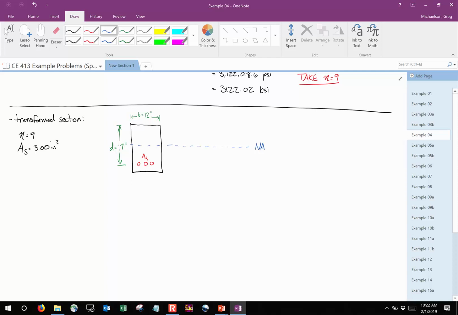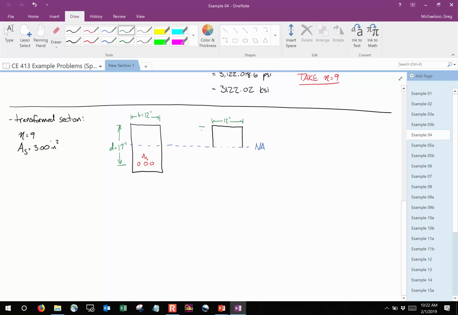In a transform section, once the section is cracked, remember every concrete element that's in tension is assumed ineffective. So the only thing that we've got going on is some concrete above the section, okay? Now, it's still 12 inches wide. How deep is it? I have no idea. We're going to figure that out.